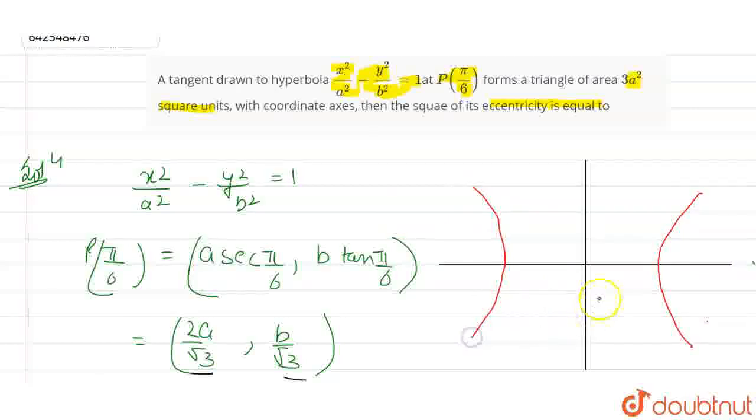If I draw a tangent at this point, which is point P, this is my tangent. This is my x-axis, this is my y-axis, and this is my center O. These are my intercepts, this is A and this is B. We have to find the area of this region, which is given to us as 3a square.